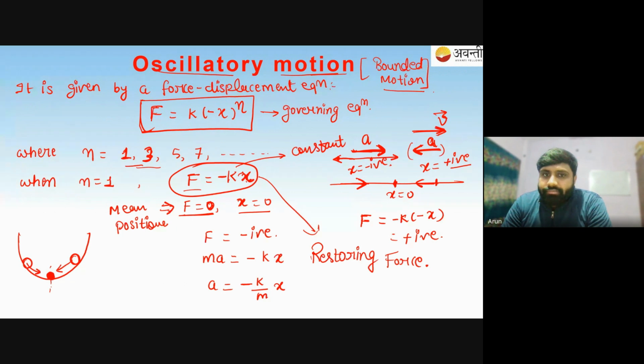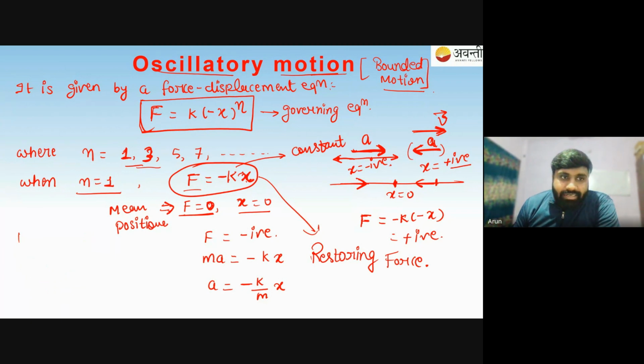Got it? Now, in this equation, the case we have only discussed in the entire chapter is the case when n is equal to 1. So when n is equal to 1, that particular oscillatory motion is termed as, guess, simple harmonic motion.